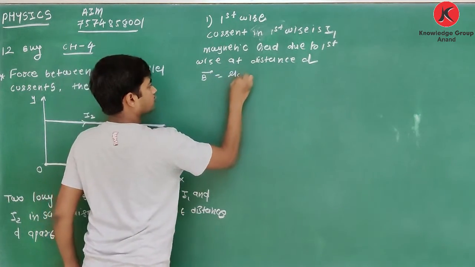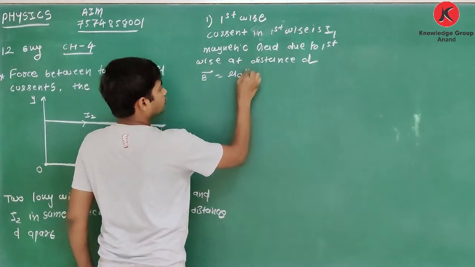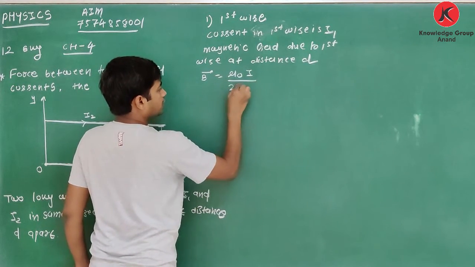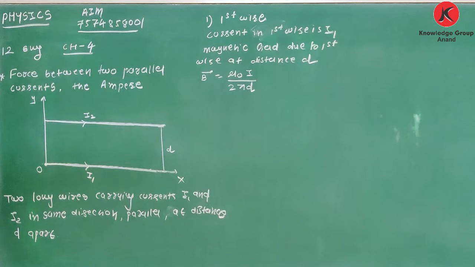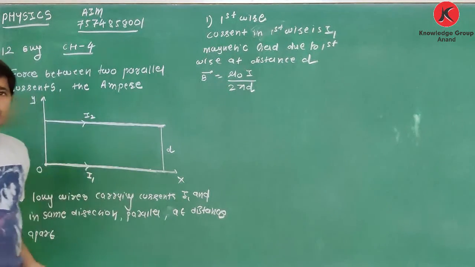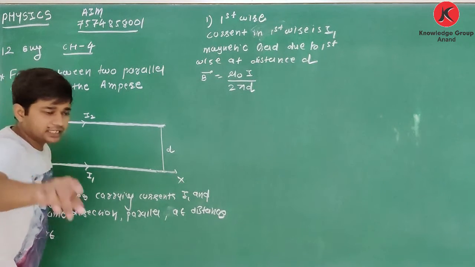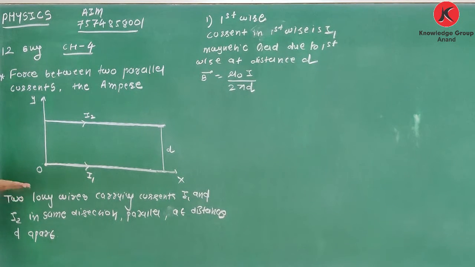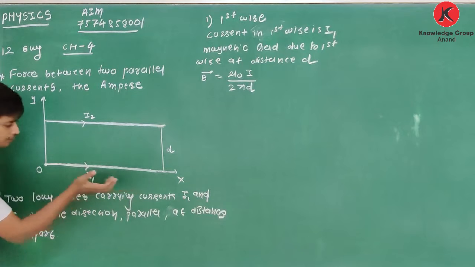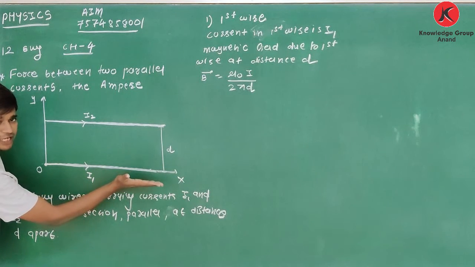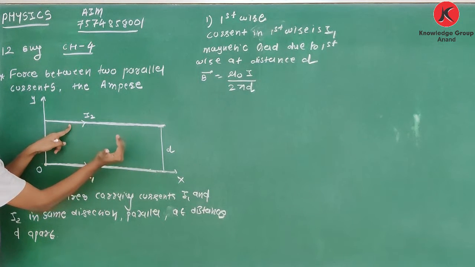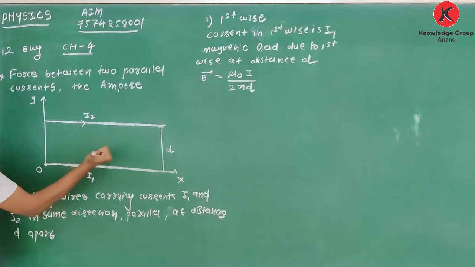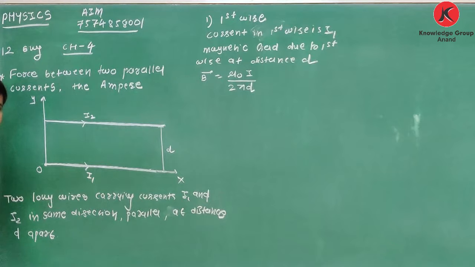B is equal to mu 0 I upon 2 pi d. It is a vector, so we need the direction. The current is flowing in this direction, and the second wire is above it, so wrap your fingers in this direction, and the thumb points outside.